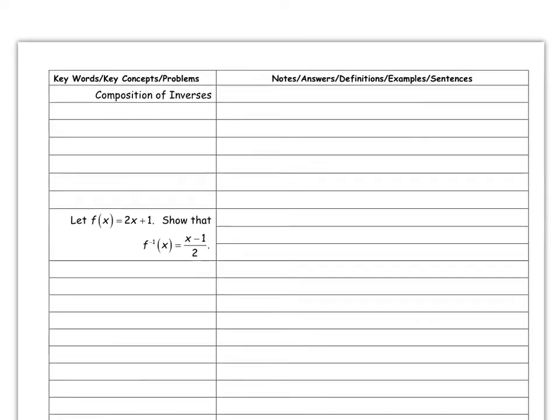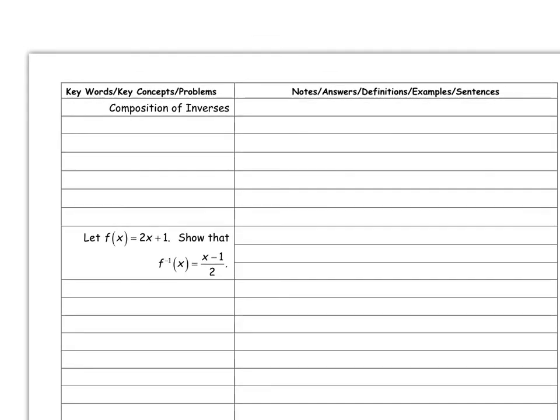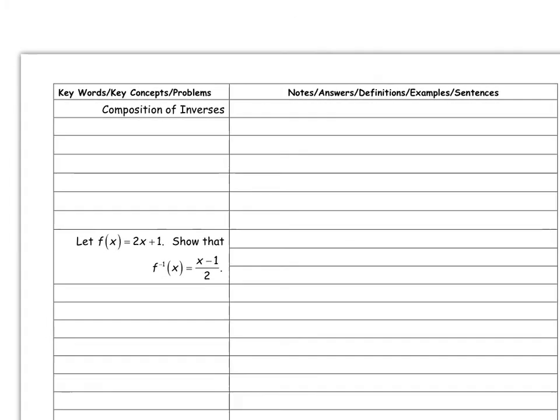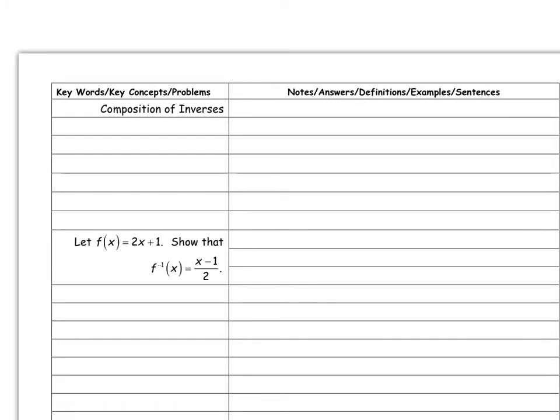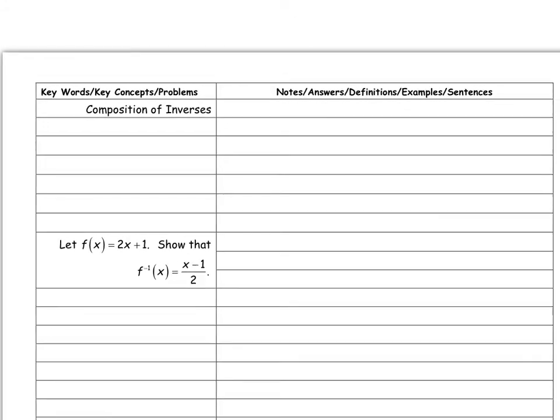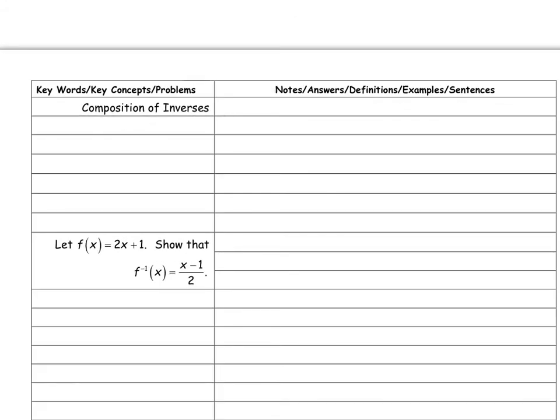And we have another definition here. So my definition is a composition of functions. Remember, composition of functions is what we did last time, where we were putting one thing inside of something else. So this is a composition with an inverse.